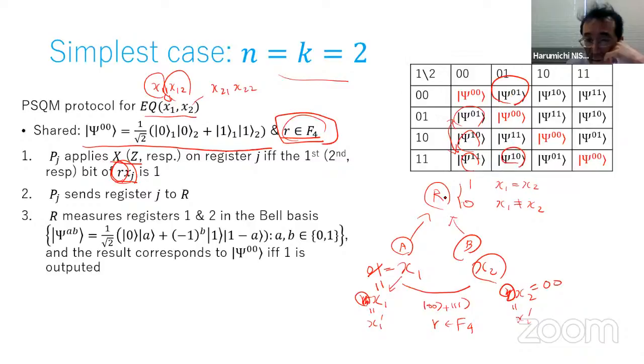So R can get partial information about this difference. We must hide this difference.